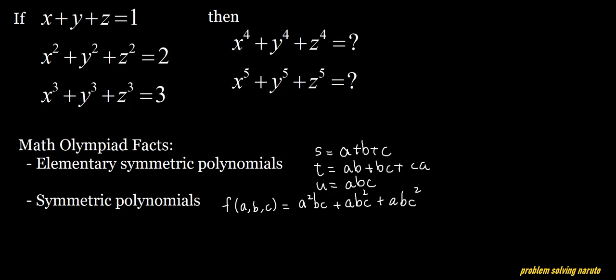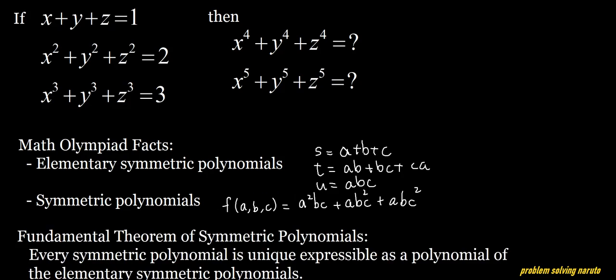So why do we need to know about these symmetric polynomials? First of all, our problem is symmetric, and that should lead you to try to think about these. And the most important fact about symmetric polynomials is the following.